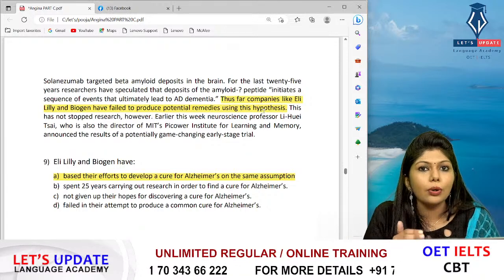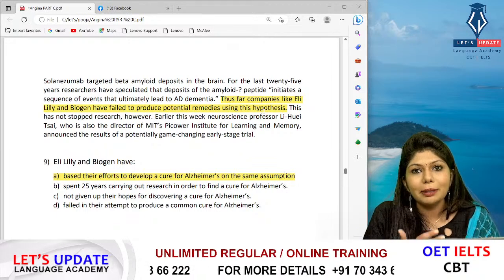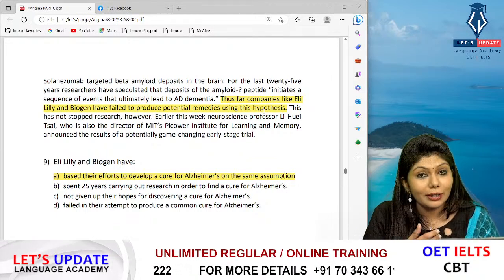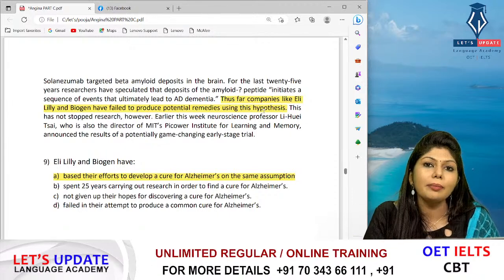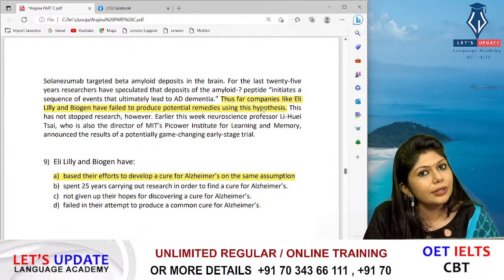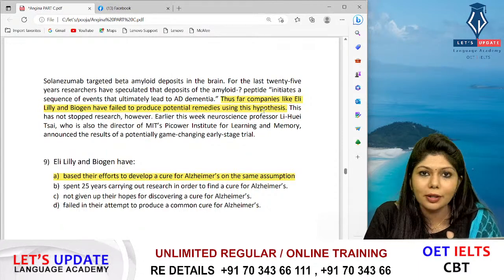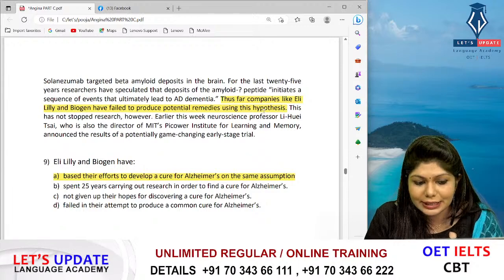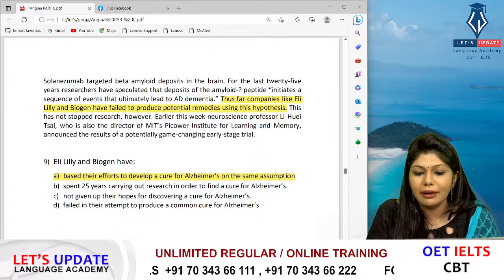They just wanted to find a cure for Alzheimer's. The type of cure might be different. It's just that they have tried to do it based on the same assumption or hypothesis. So the cure might not be common, or the same. And that is how we eliminated B, C, and D, and we have reached A.